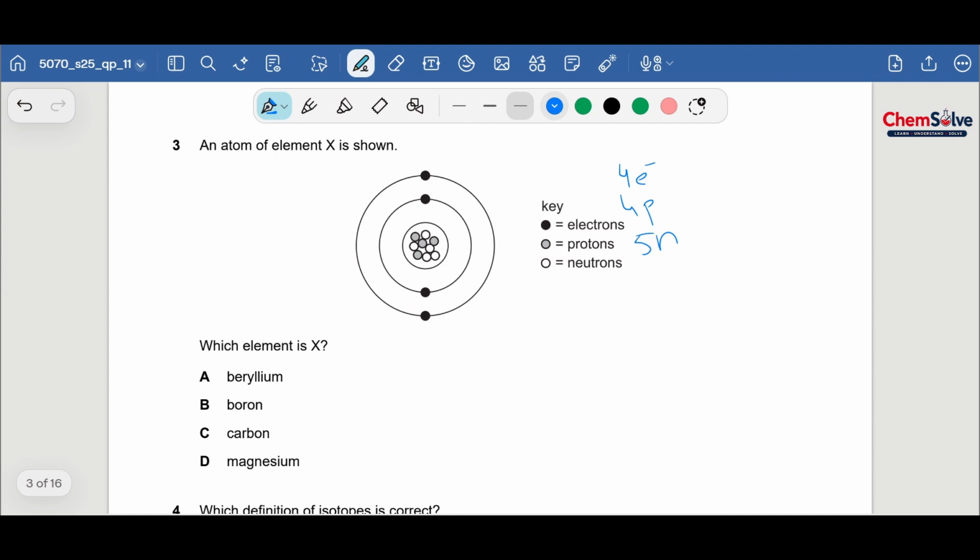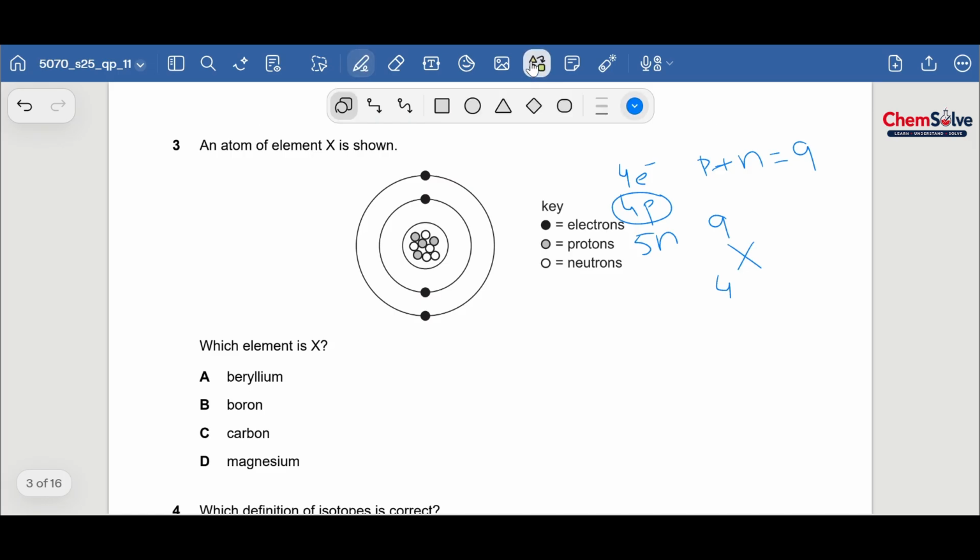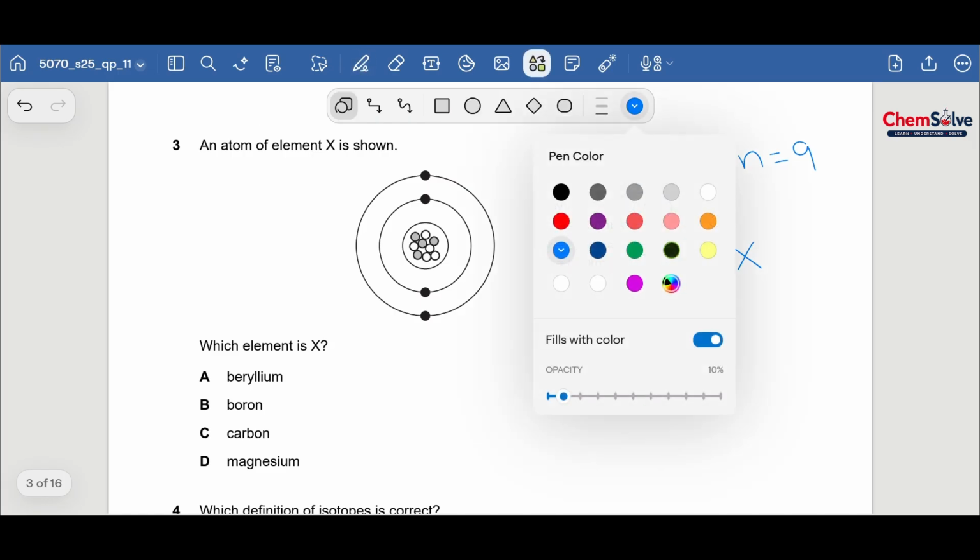So it is something that has an atomic number of 4 because the number of protons is 4 here, and the mass number of 9 because mass number is the sum of protons plus neutrons, and here it makes 5 plus 4, 9. So just look at the periodic table and you will come to know that this is beryllium.